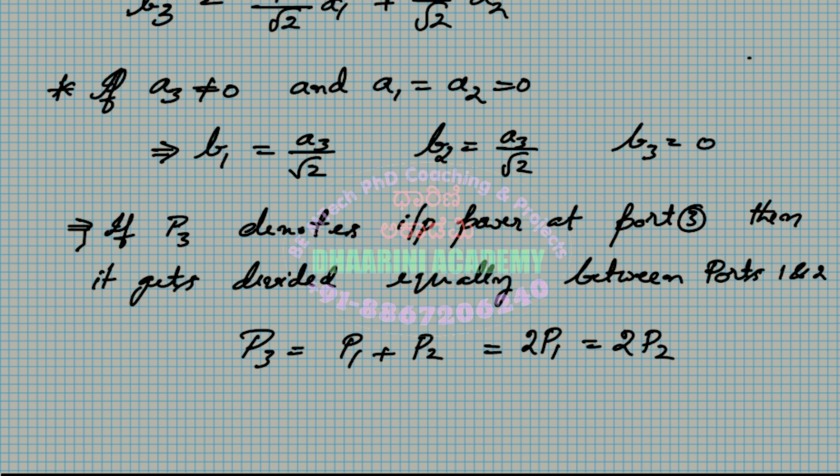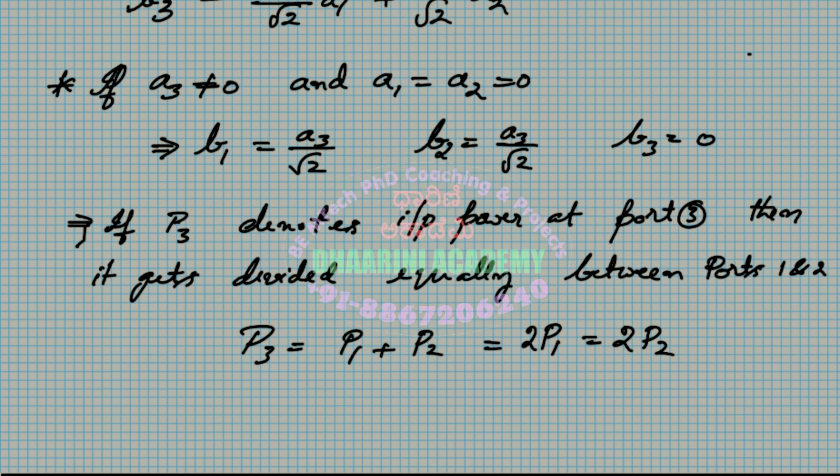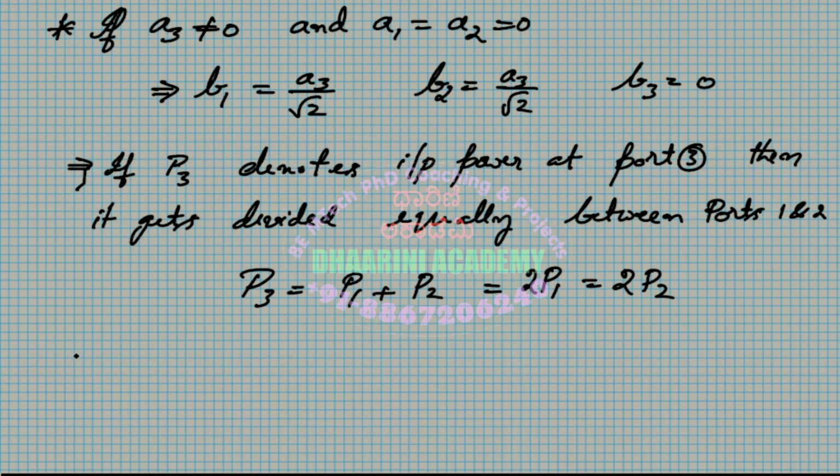Now let us try to calculate the amount of power coming out of the first port or the second port because of the input at port 3. I'm trying to calculate that. So this is the important observation that we are going to make from this.